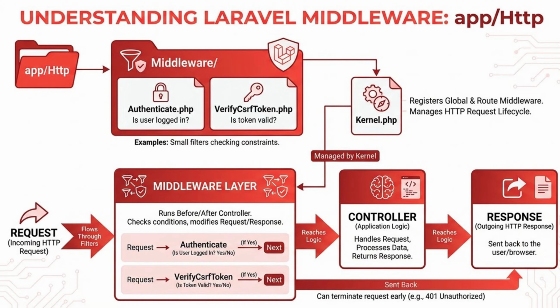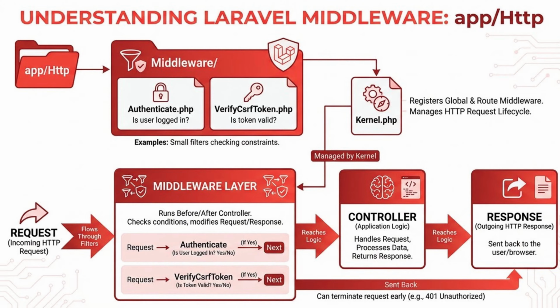Once the middleware is registered in the kernel, incoming requests automatically flow through the defined filters. The middleware layer has the ability to modify the request, check conditions, or even block the request entirely if something is not valid. If each middleware check passes, the request finally reaches the controller where your main application logic lives.